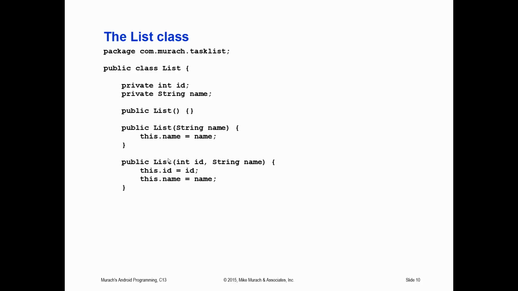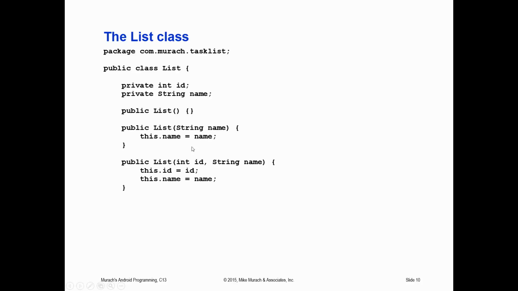When you work with databases, it's normally considered a good practice to map rows to Java objects like this. All right? This provides access to what are called POJOs, or plain old Java objects. Now, the list class that you see on the next two slides, and also in Figure 13-4 on page 405, defines an instance variable for each column in the list table.